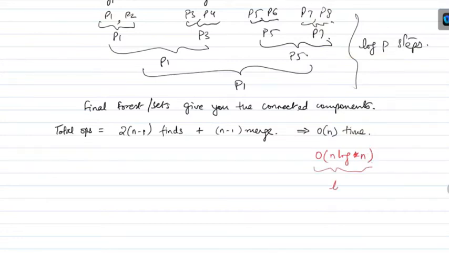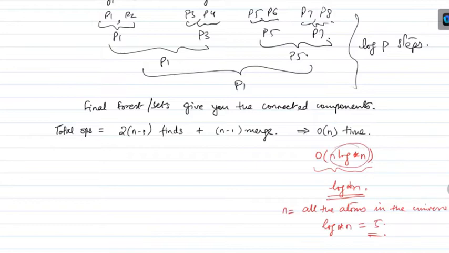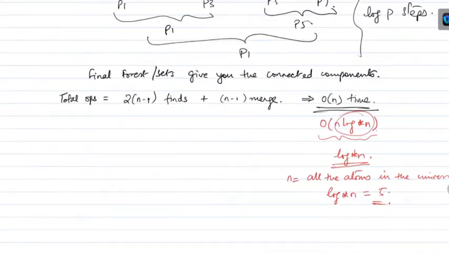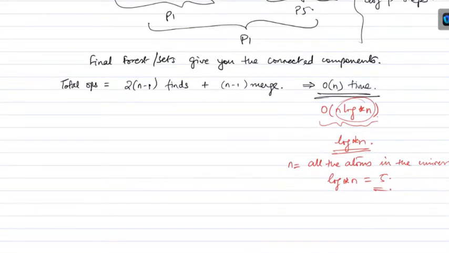But log star n is a function that is so small that even if n is equal to all the atoms in the universe, log star n would be equal to 5. So for all practical purposes, we take log star n to be a constant. We'll just say that this is order n time. So that's the algorithm.